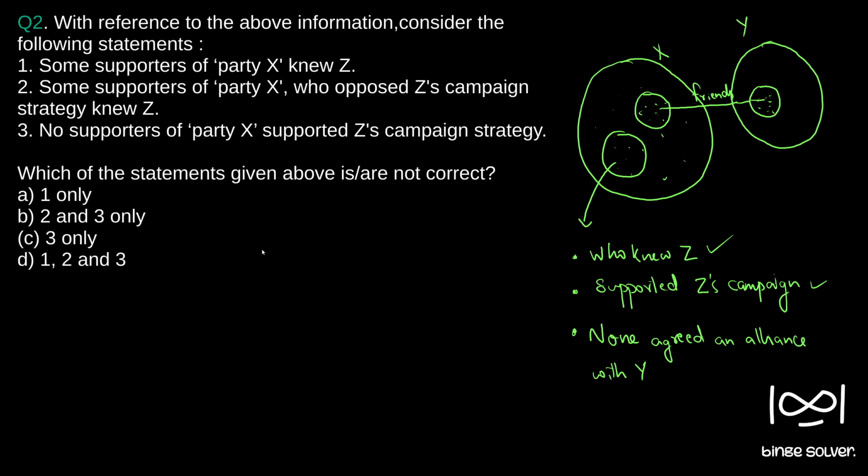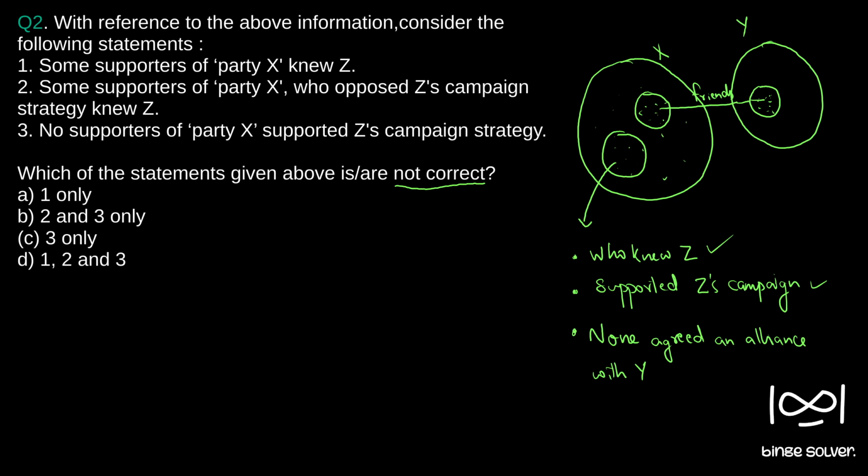Some supporters of party X knew Z. Some supporters of party X who opposed Z's campaign strategy knew Z. No supporters of party X supported Z's campaign strategy. Which of the statements given above is not correct? Whenever there is a not correct question, underline the not correct part.